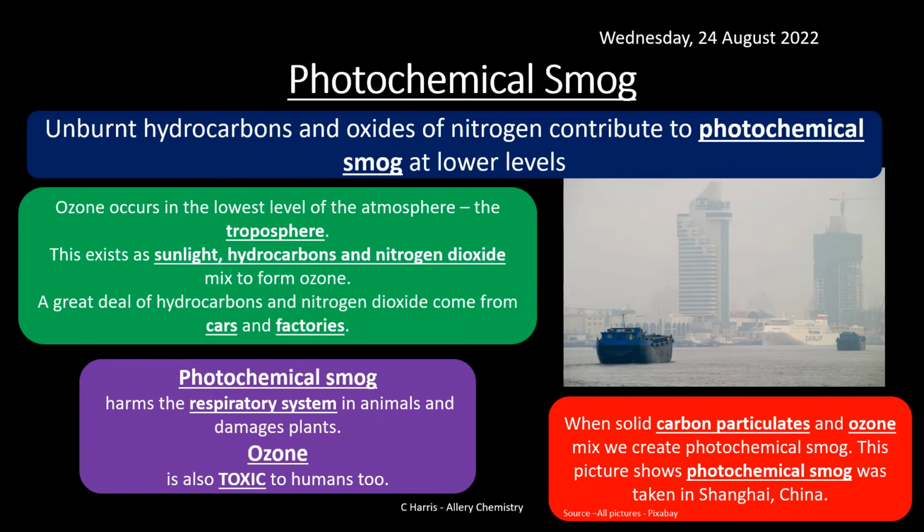So this photochemical smog can be stopped by the reduction of pollution entering the atmosphere. It's an easy solution, but you've got to generate energy, you've got to make things. The key thing is moving away from this and using different alternative sources, should we say.